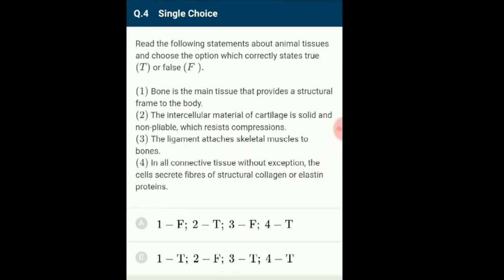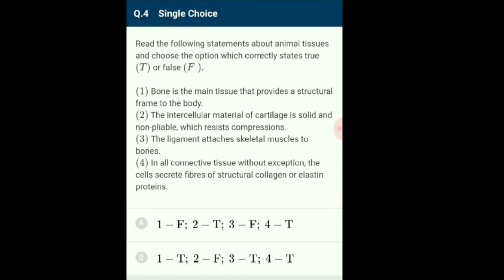Question number 4. Read the following statements about animal tissues and choose the option which correctly states true or false. The intracellular material of cartilage is made up of chondrocytes that are pliable and resist compression. Tendons attach skeletal muscles to bones, whereas ligaments attach one bone to another bone.